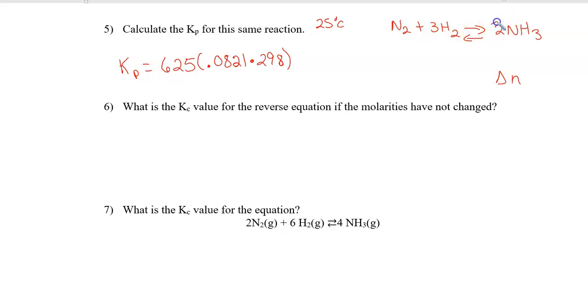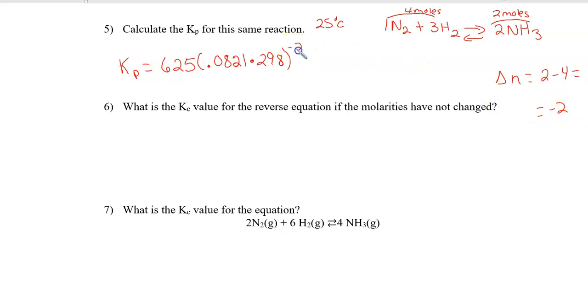So over here you've got a total of 2 moles of gas, but over here there is a total of 4 moles of gases. I know they're different, but as far as pressure is concerned, it doesn't matter. Okay, so you're going to have products, which is 2, minus reactants, which is 4. You're going to get a -2 power.